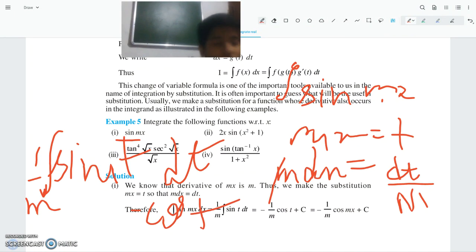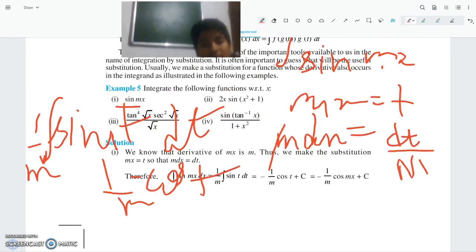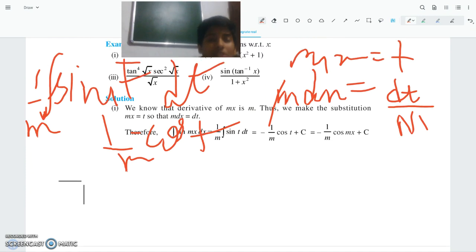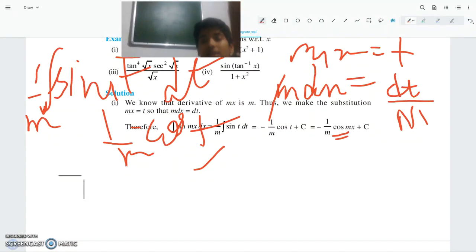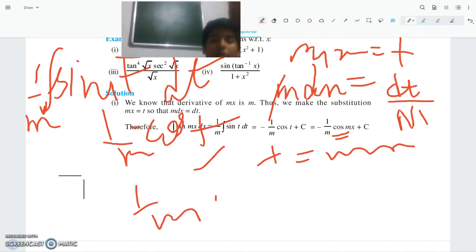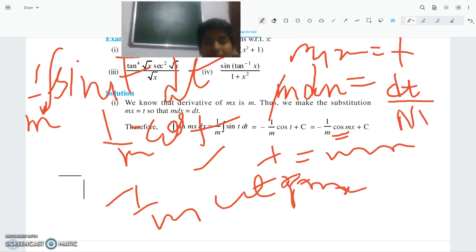So with 1 by m, we get minus 1 by m cos t. Then we change t back to x: since t equals mx, the answer would be minus 1 by m cos mx. Done. This is the answer.